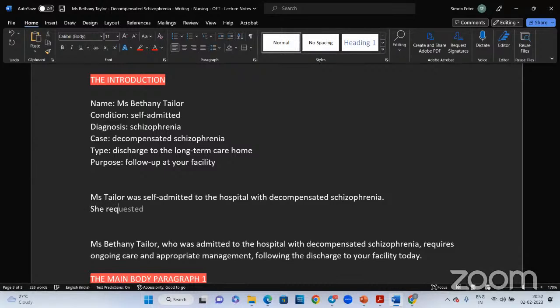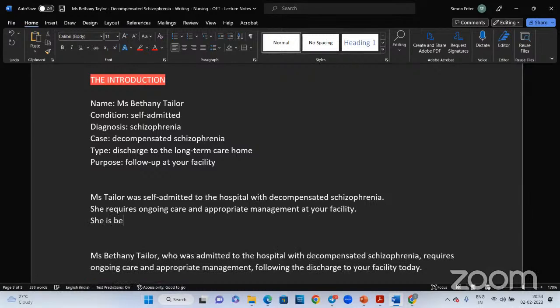She requires, this is active voice. She requires what? Ongoing care and appropriate management at your facility. Okay.